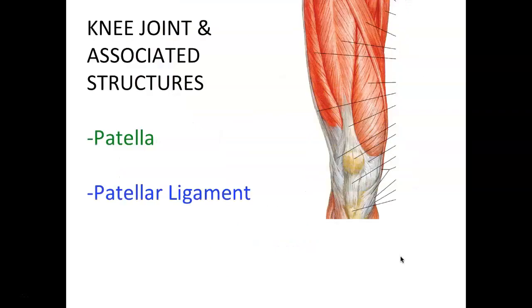Okay. All right, so now we're going to discuss our knee joint and some associated structures. So we'll start off with the patella. And our patella is a sesamoid bone, meaning it's encased in tendon. It doesn't really truly articulate with any other bone here. It's kind of sitting on top.